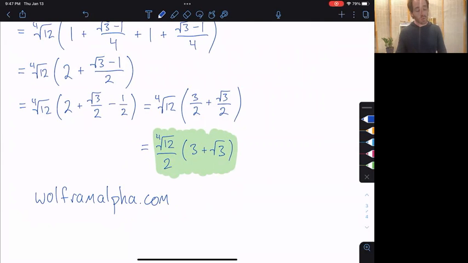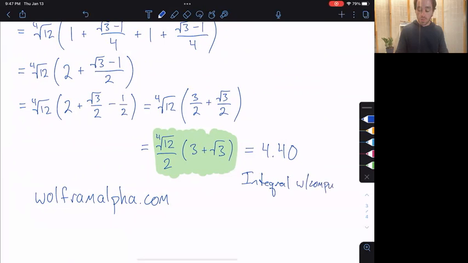And what you end up with when you do this is this exact value, the 4th root of 12 over 2 multiplied by 3 plus root 3 is about 4.40. And when you do the integral with a computer, that gets the same value.